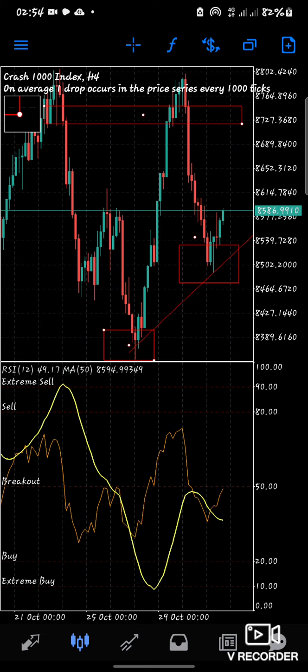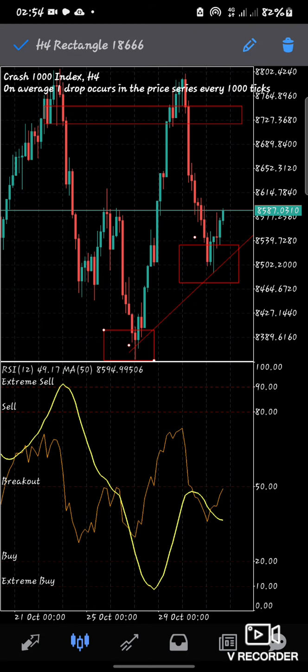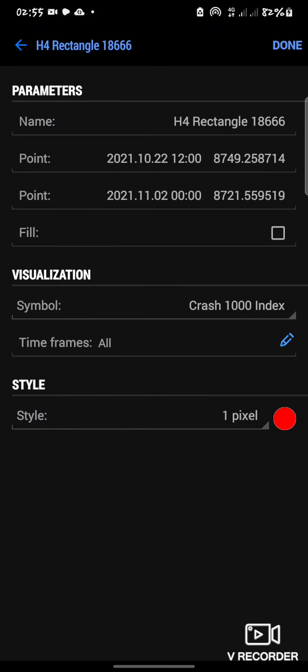You mark this rectangle, and if you want, you long click on it and tap on the edit button, which looks like a pen. You tap on it, then click fill for it to fill the rectangle.